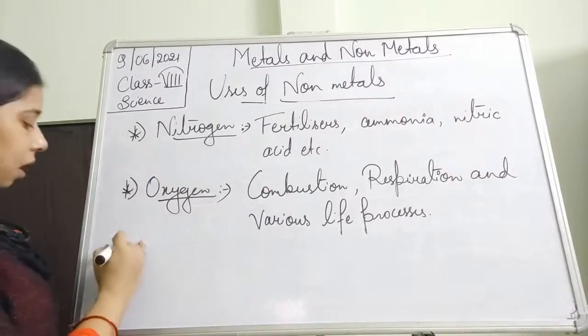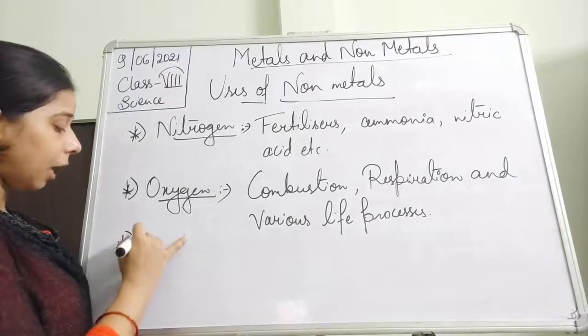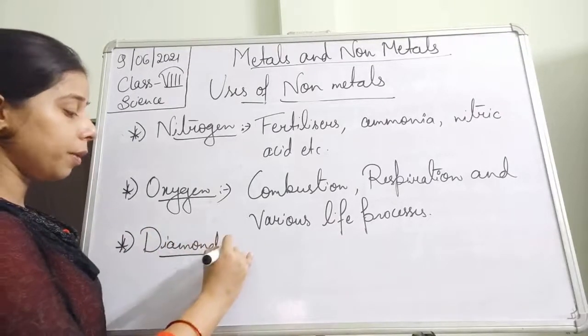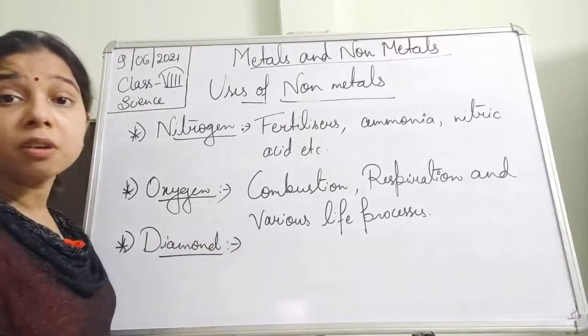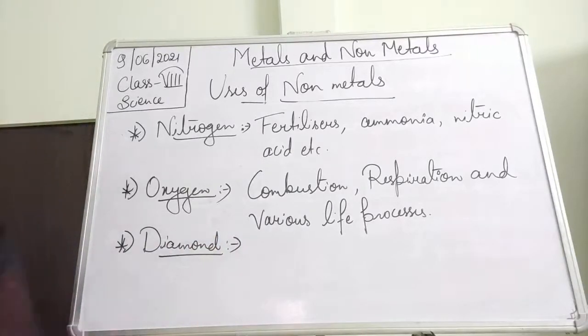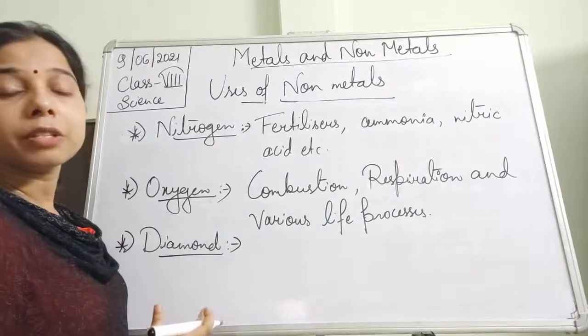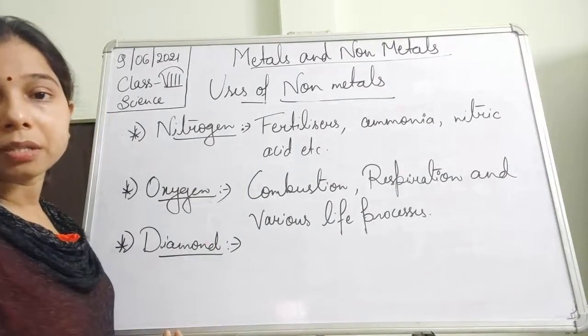There are some of the other nonmetals like diamond, which is a form of carbon. Because of its property of hardness and luster, first of all it is used in making jewelry. Also because of its hardness, it is used as a drilling equipment.